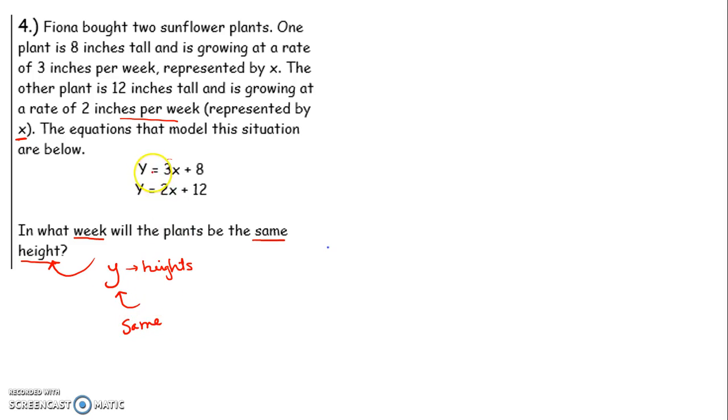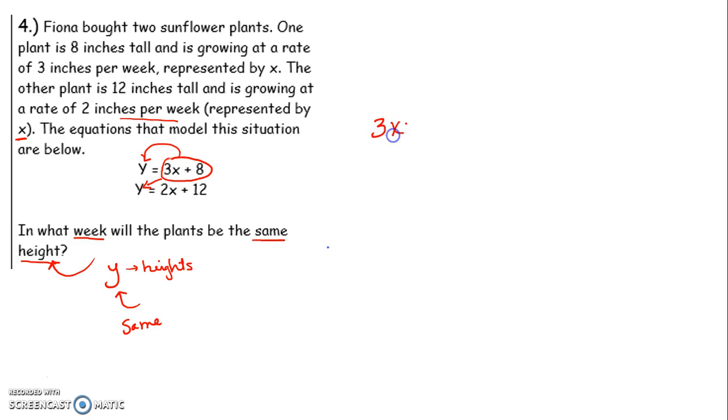All right, we're just going to solve this system of equations. That equals Y. So in our second equation, in place of Y, I can substitute 3x plus 8. I want to know where the Y's will be the same.